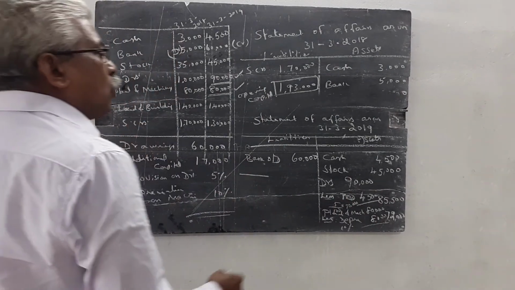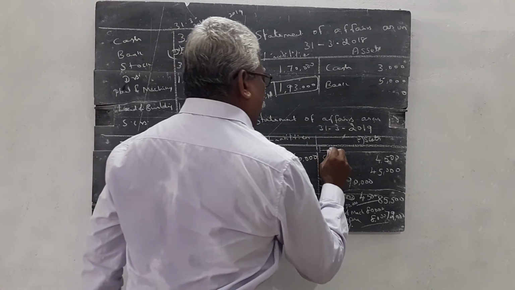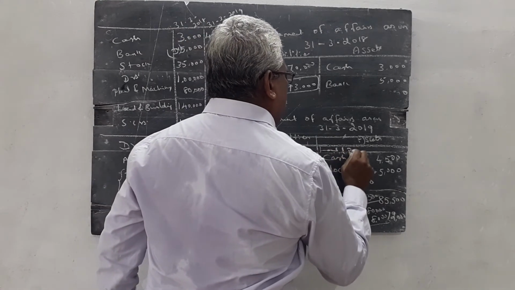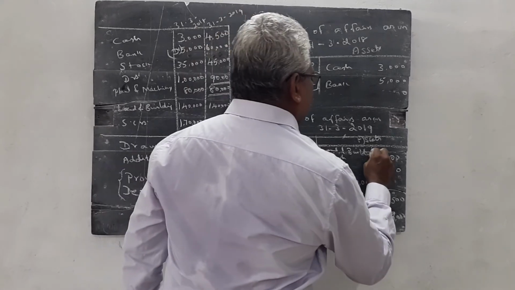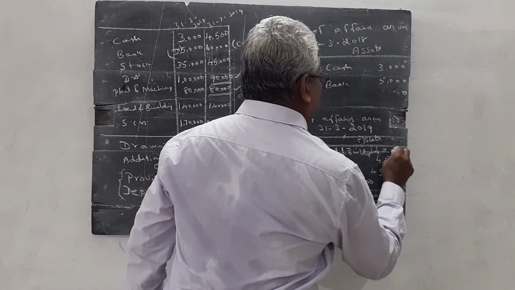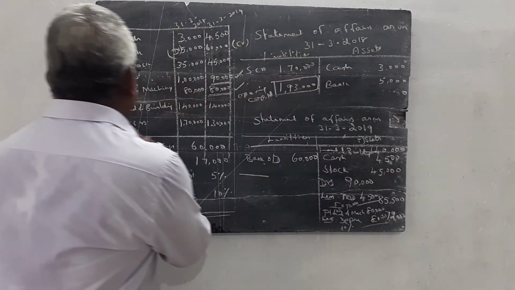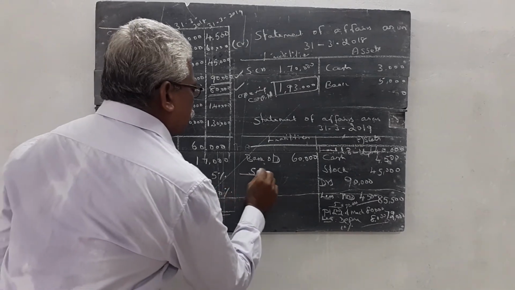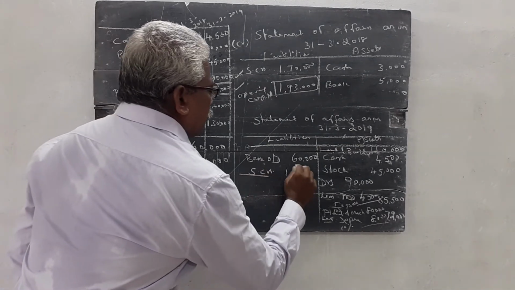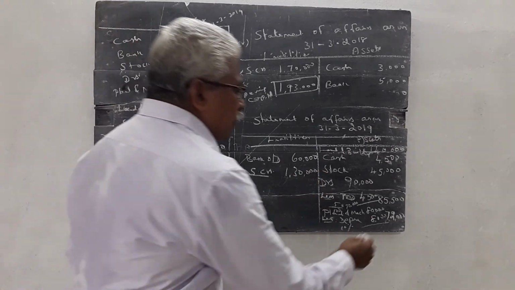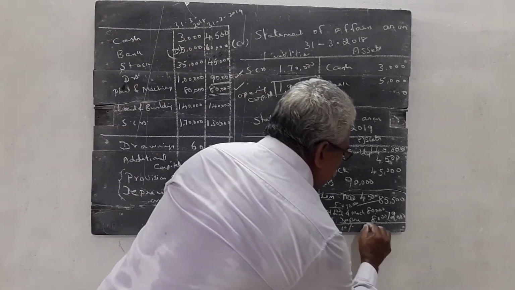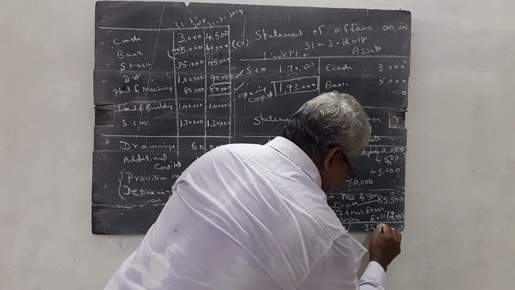Land and building 1,40,000. Then one more information, sundry creditors 1,30,000. So here the total of asset side is equal to 3,47,000.